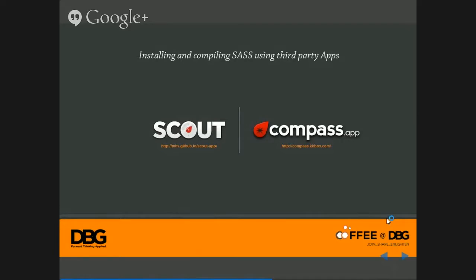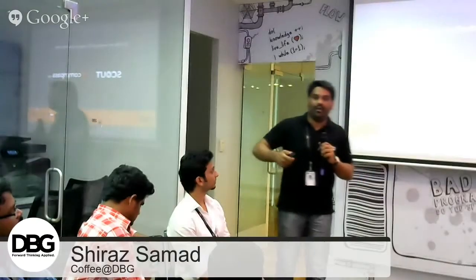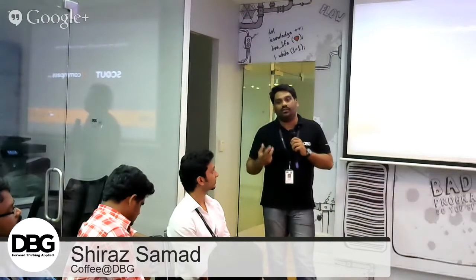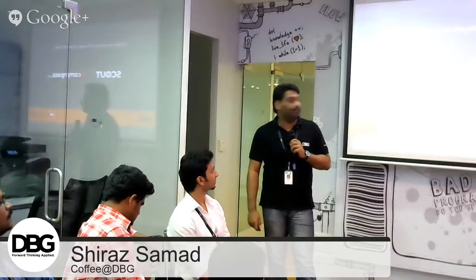Today I'll be using Scout because it's a free application. Compass costs around $10. What Scout does is it installs Ruby, and it also helps to compile your SASS to a CSS file.